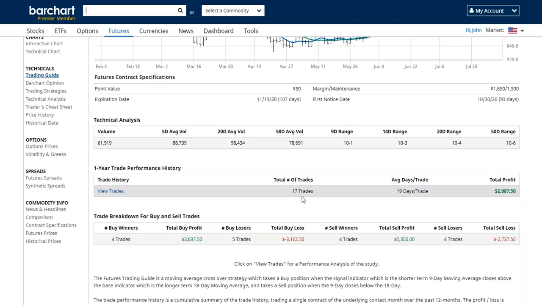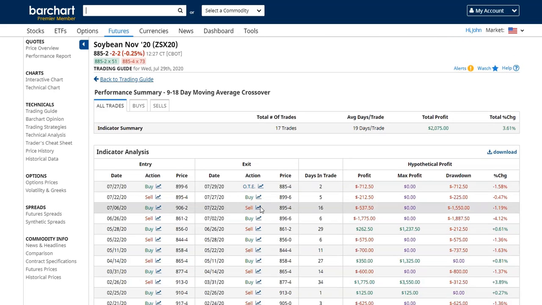Here's our historical, right? 17 different trend changes in the last year. That's a lot more than we saw in the equity indexes. When we look at all those trades, look at in the last few weeks, how many of these trades we got into that didn't really give us a long period of trends, and all of them were stopped out for a loss.